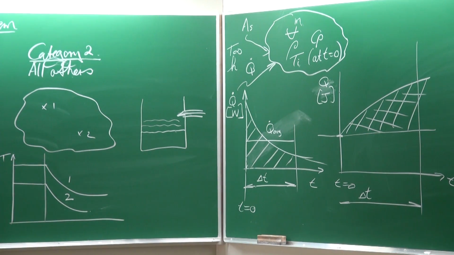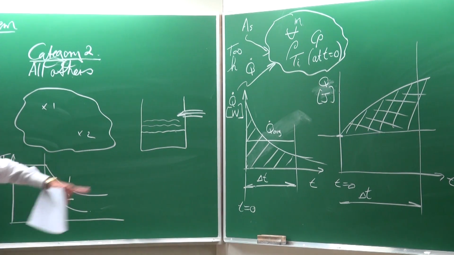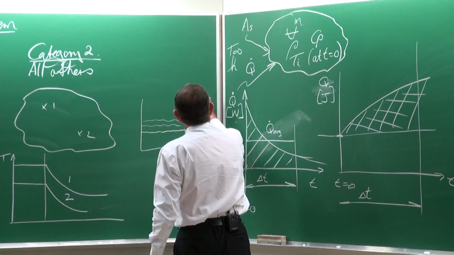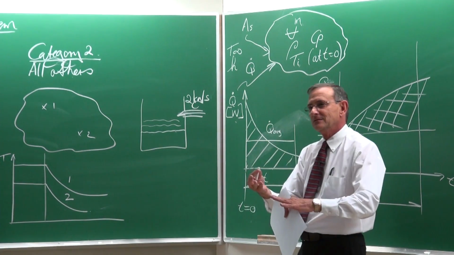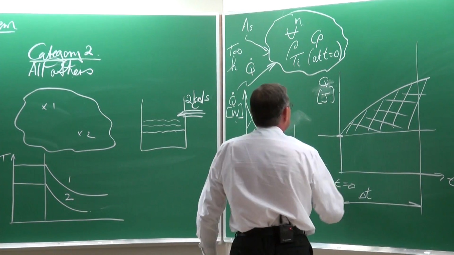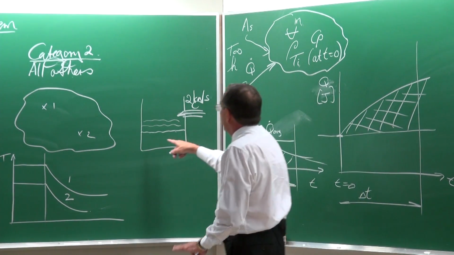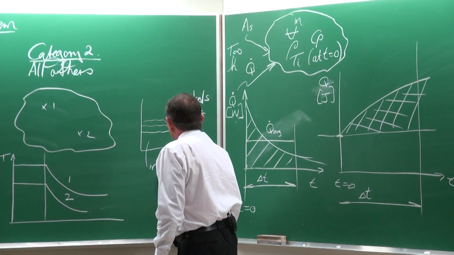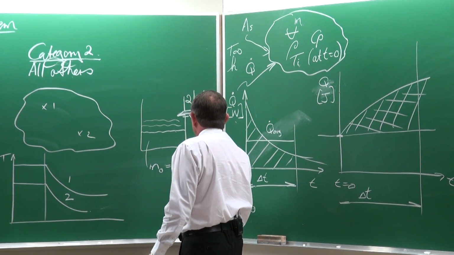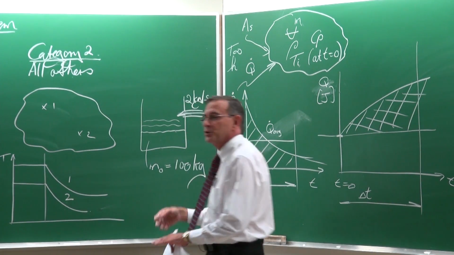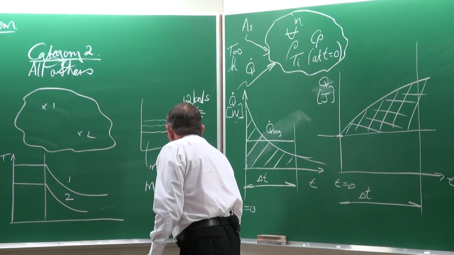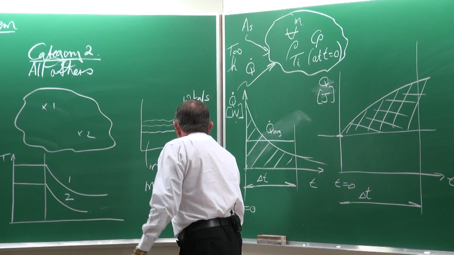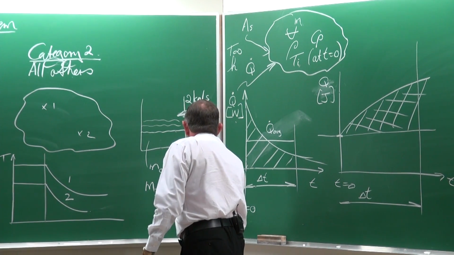Is that clear to you? So heat transfer rate is like the water flowing in at 2 kilograms per second. The heat is like the mass, which at t equals 0 was maybe 100 kilograms of water in the can, and now 3 minutes later it is 120 kilograms.